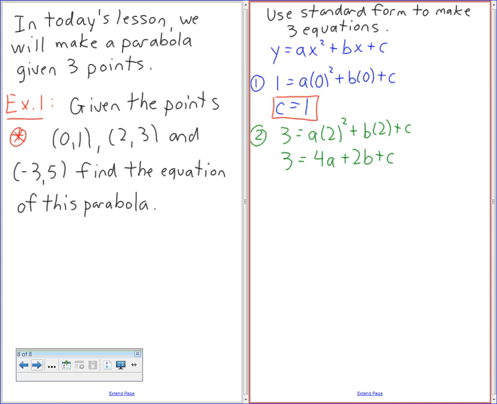We're not quite done yet, though. What else can I put in there? Go ahead. Excellent, good. So you're going to get 3 equals 4a plus 2b plus 1. So 2 equals 4a plus 2b, and I'll leave that for 8.